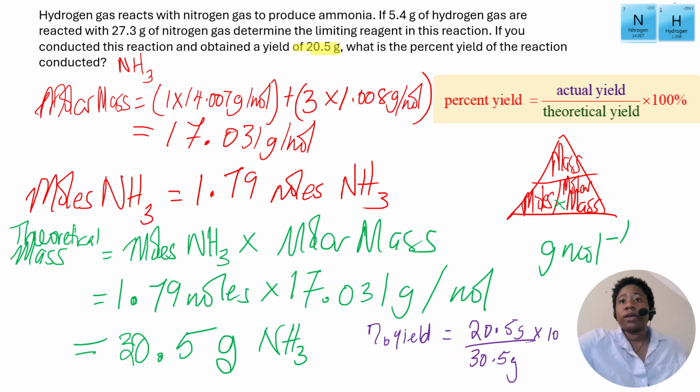We're going to multiply that by 100. So 20.5 divided by 30.5 times 100 is about 67.2%. So that's our percent yield.